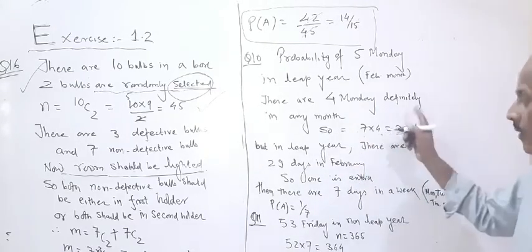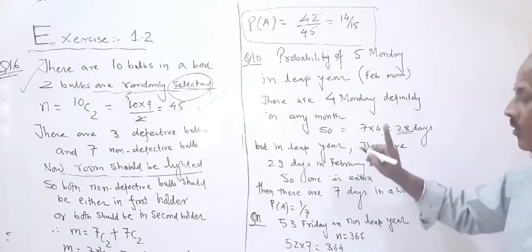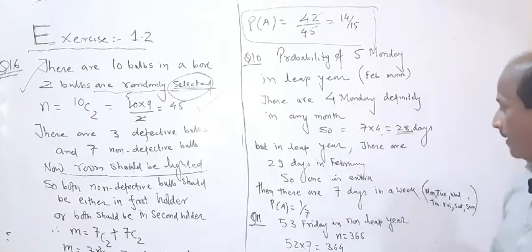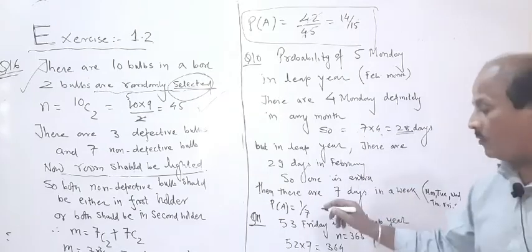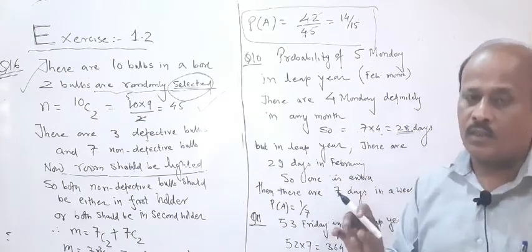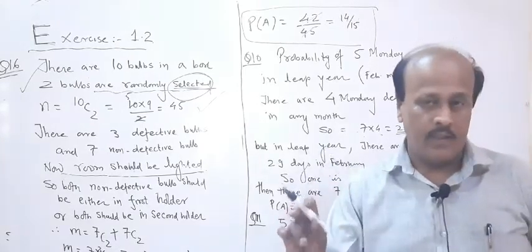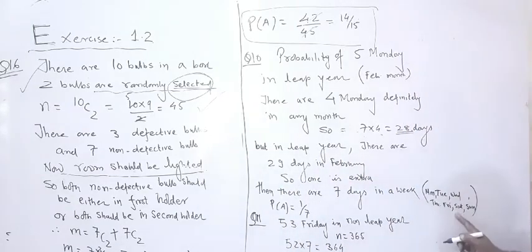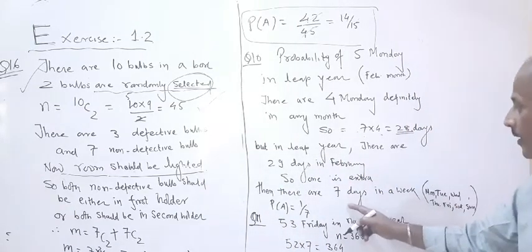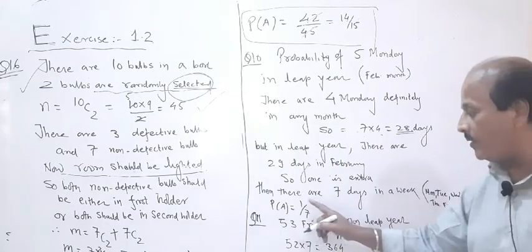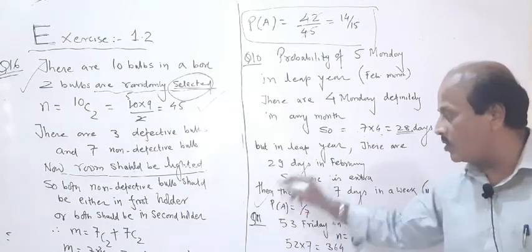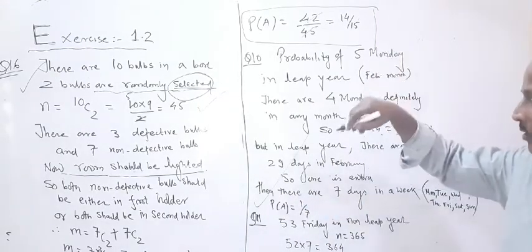Now for the 5th Monday, we have one option, and there are 7 outcomes: Monday, Tuesday, Wednesday, Thursday, Friday, Saturday, Sunday. Out of 7 outcomes, the favorable day will be Monday. So its probability will be 1 by 7. This question is very important according to me.